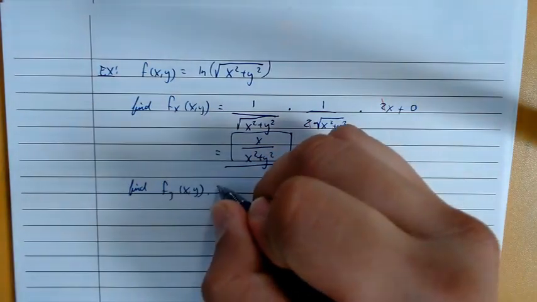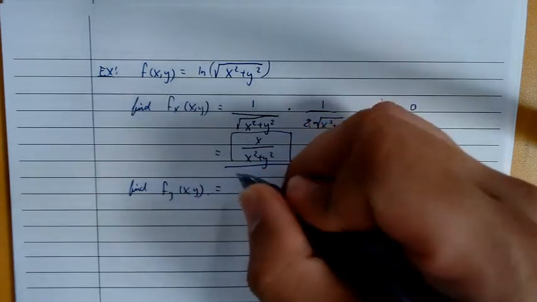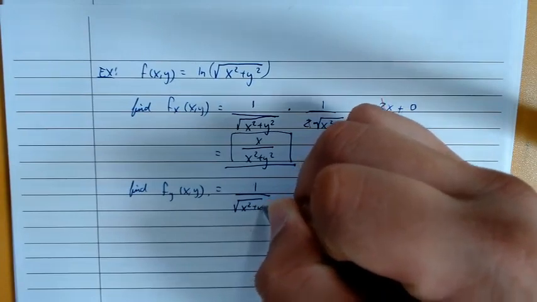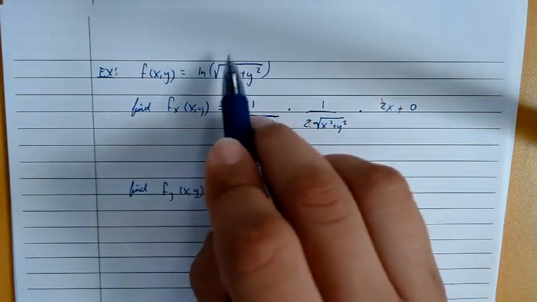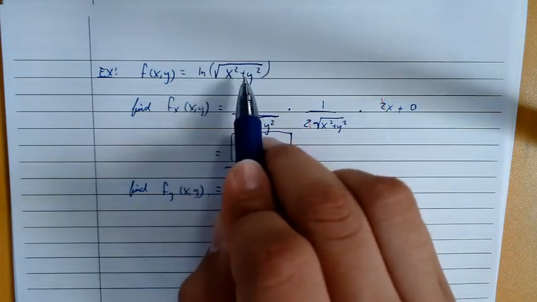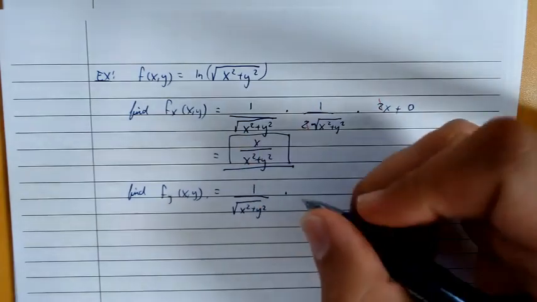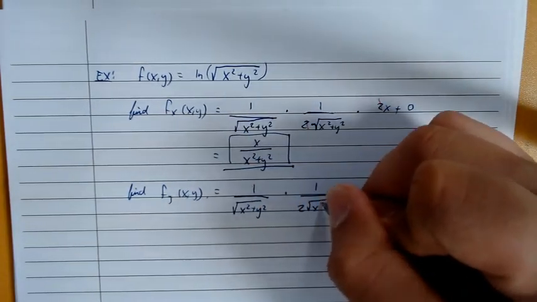This one will be very, very similar. You take the derivative of the natural log of something. That's going to be 1 over that something. But now chain rule, derivative of this part, the argument of the logarithm. The square root of something, the derivative will be 1 over 2 root of that something.